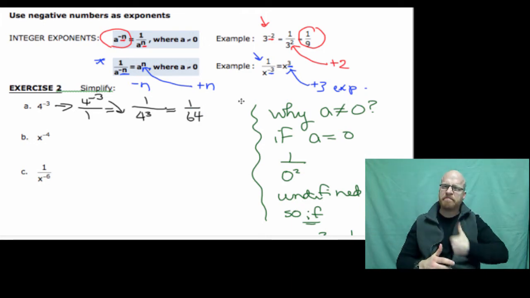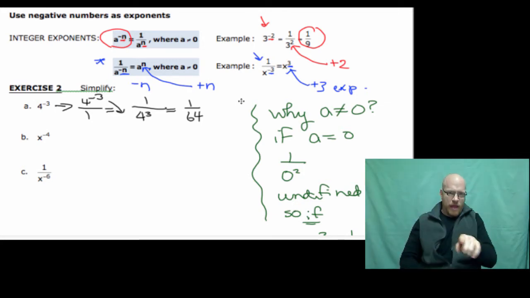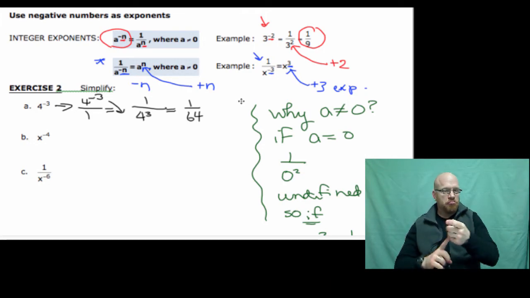Sorry, my writing's pretty sloppy today. I apologize. I made it clear that 4 to the negative 3 is in the numerator. We already knew that, but I'm just clearing it up.